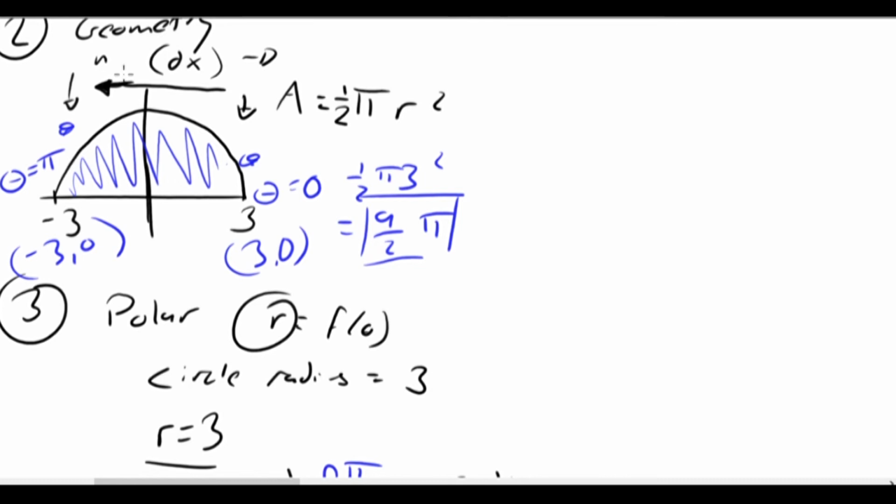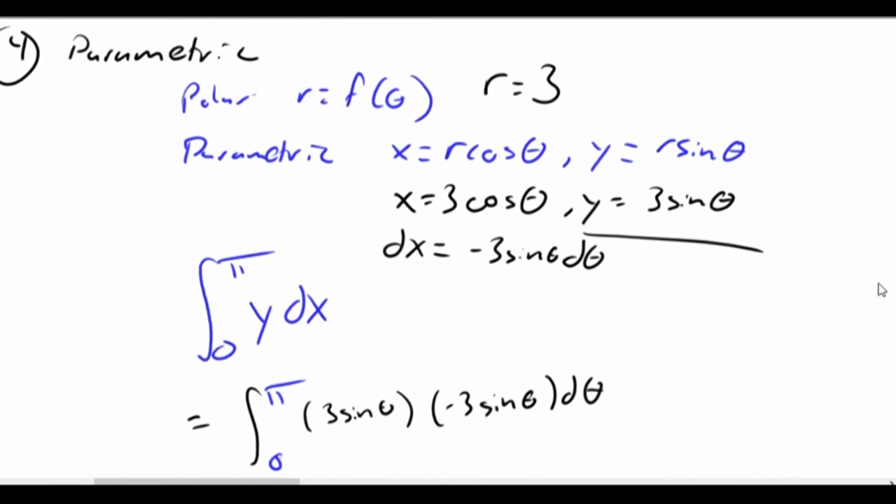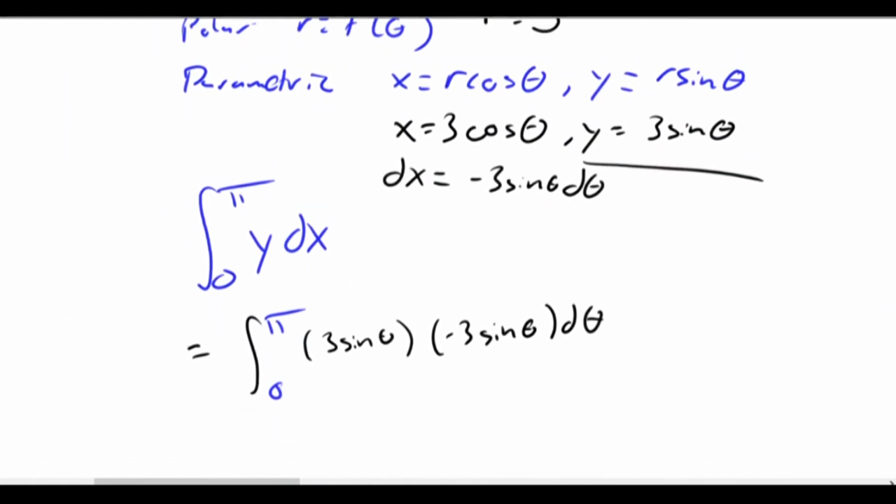So the sign of dx is negative, which means we need to put a negative sign in front of our integral. An alternative way to do this would be to take the Cartesian limits of integration and use our parametric equations to convert them to new bounds of integration, and you would get the integral from negative 3 to 3 would become the integral from pi to 0. And we know that putting a negative in front of an integral is just the same thing as switching the bounds of integration.